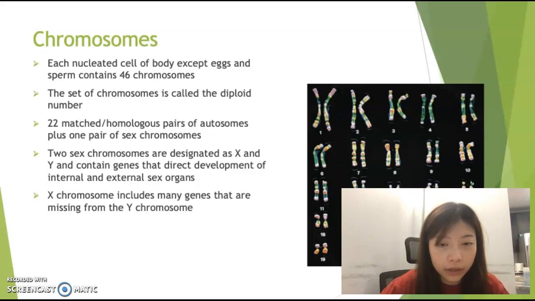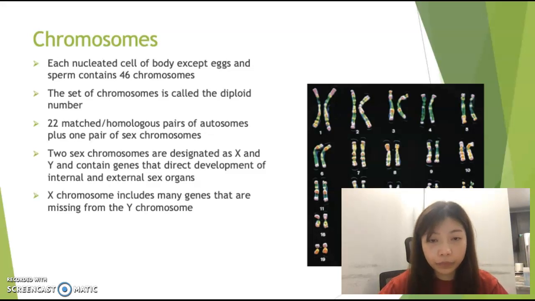The 2 sex chromosomes, designated as either X or Y, contain genes that direct development of internal and external sex organs. The X chromosome is larger than the Y chromosome and includes many genes that are missing from the Y chromosome.